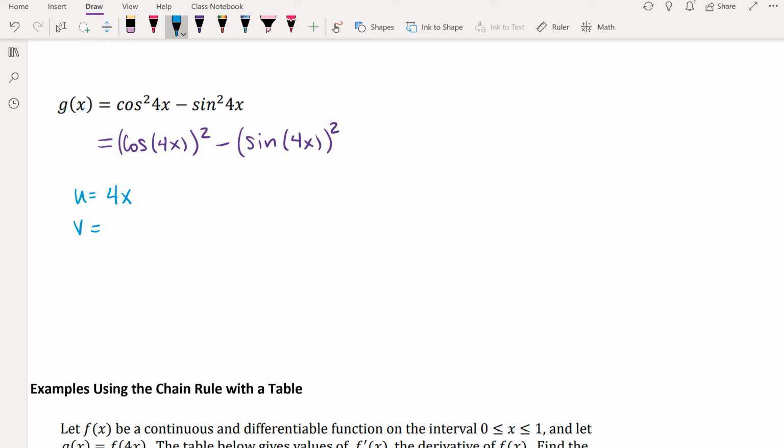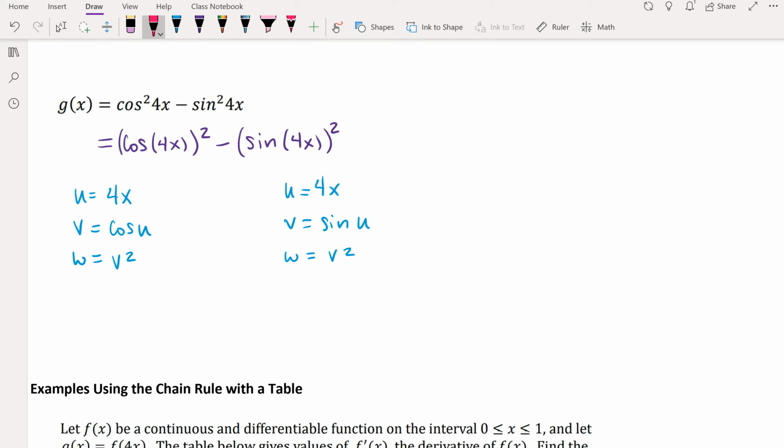V equals, well, we have two v's. So we have cosine of u, and then we have another one for this guy. So we're going to actually do two derivatives. Oops, v is sine of u for this guy. So v equals sine of u. And then w equals v squared. Same for this one.